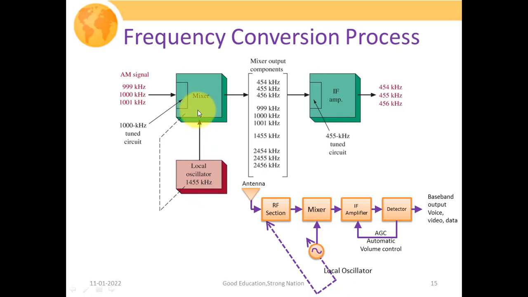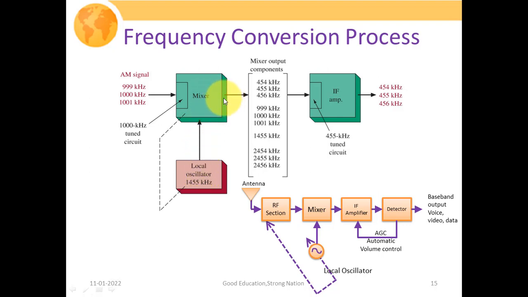So the mixer will get these sorts of inputs. Your local oscillator frequency is 1455 kilohertz, and input signal frequencies are 999 kilohertz, 1000 kilohertz and 1001 kilohertz. As we already mentioned, the mixer will produce a combination of different outcomes: the summation frequency components of these two, the difference frequency components of these two, and the individual frequency components of each.